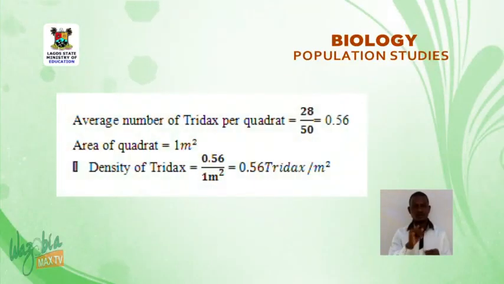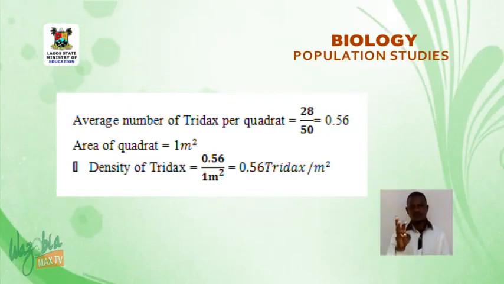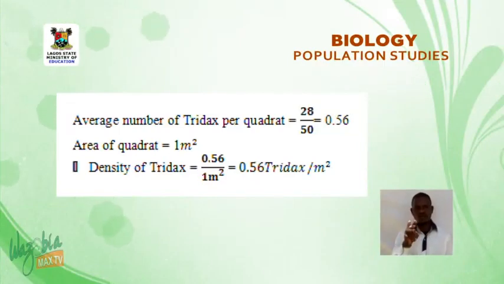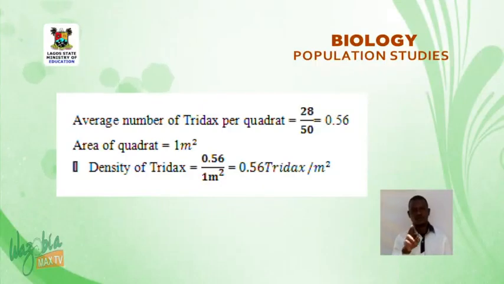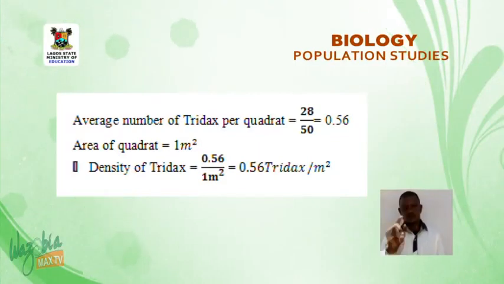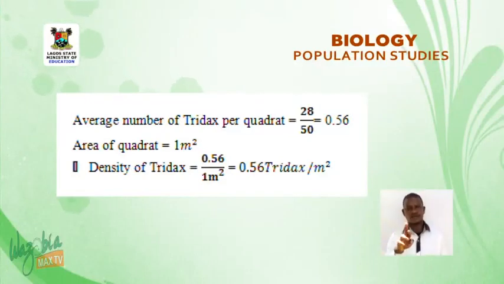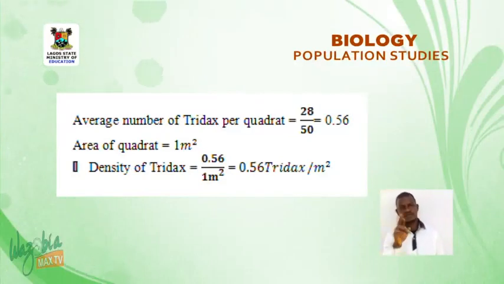Average number of Tridax per quadrat equals 28 divided by 50, which equals 0.56. Area of quadrat equals 1 meter squared. Therefore, density of Tridax equals 0.56 over 1 meter squared. Answer equals 0.56 Tridax per meter squared.